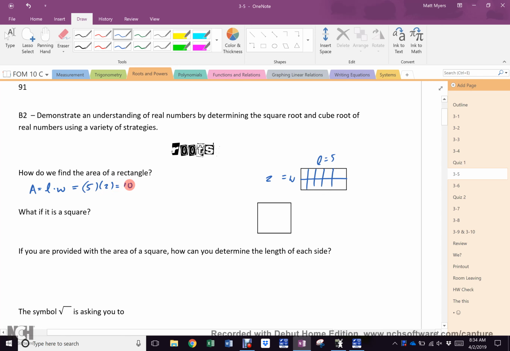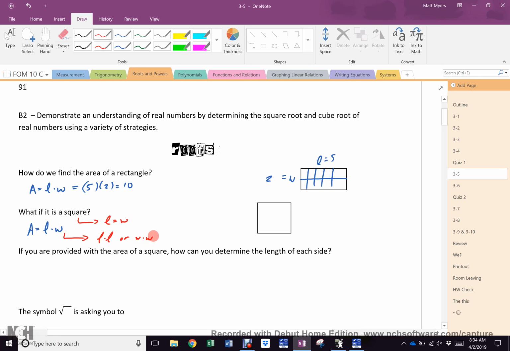Okay, what if it's a square? It's still length times width, but what's different now? Length equals width, right? So do I need 2 letters? How many letters do I need? 1. So I could say, instead of length times width, I could say L times L or W times W, right?